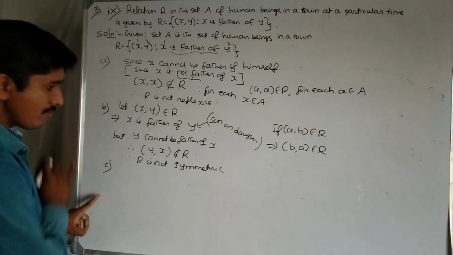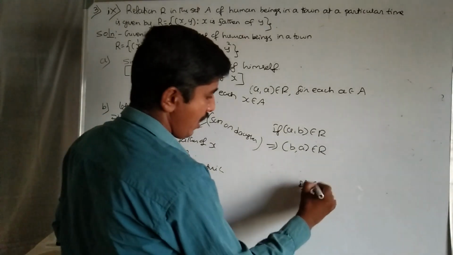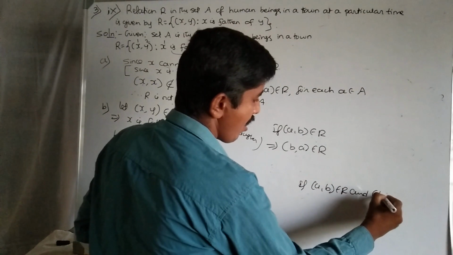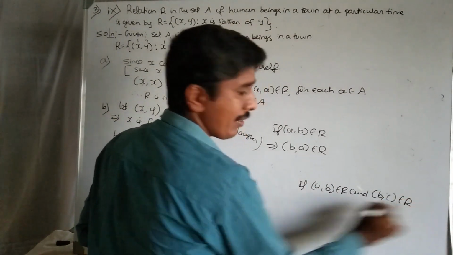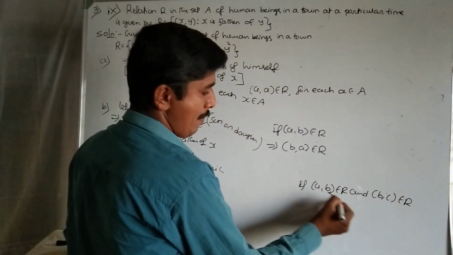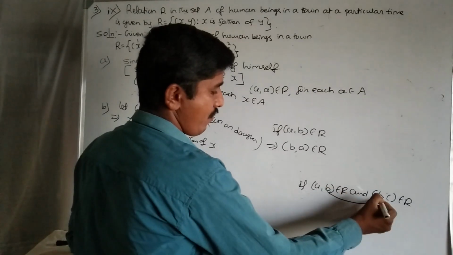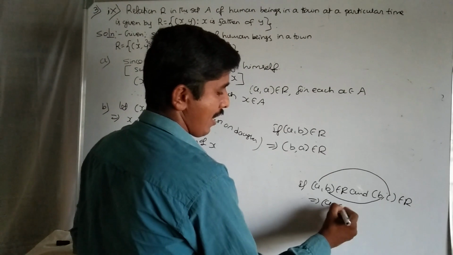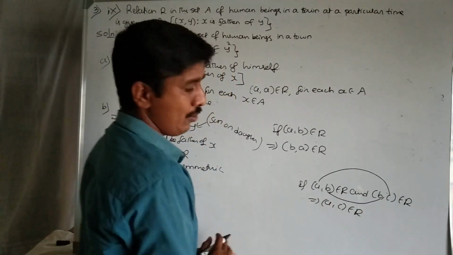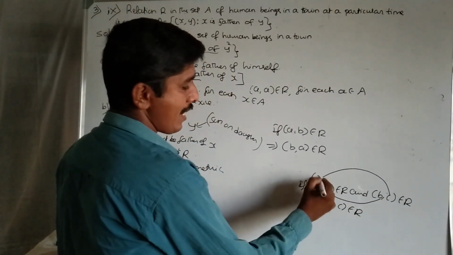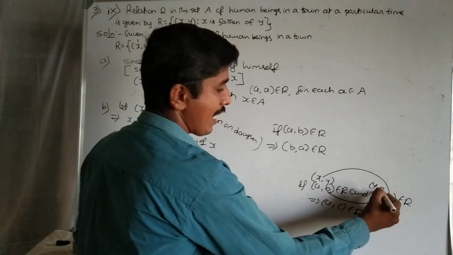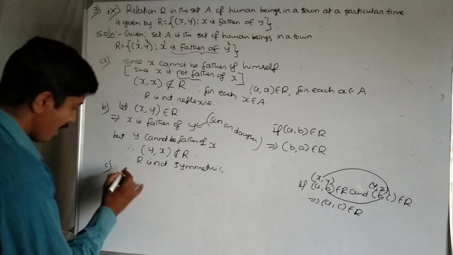Next, the third one, transitive. If (a, b) belongs to R and (b, c) belongs to R, where the second element of the first pair equals the first element of the second pair, then (a, c) belongs to the relation, which means transitive. Instead of (a, b), I am taking (x, y) belonging to the relation, and instead of (b, c), (y, z).